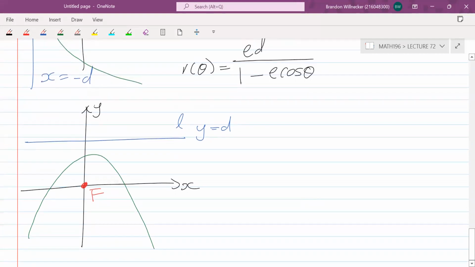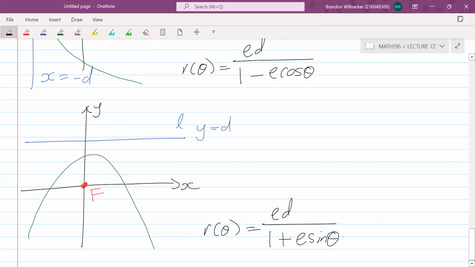Okay, and for this one, very similar to what we had before, r of theta is going to be e times d over 1 plus, okay, because the directrix line is above the x-axis, but now we're using y equals d, so it's going to be plus e sine theta.